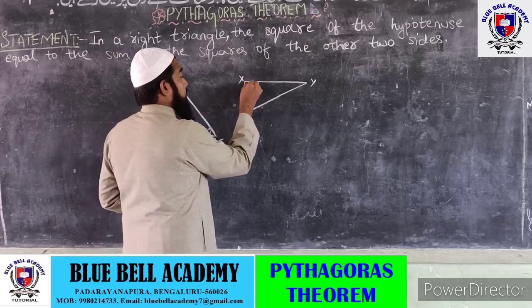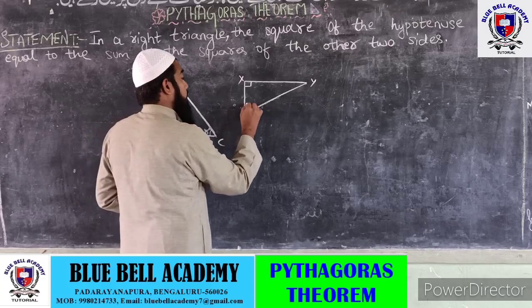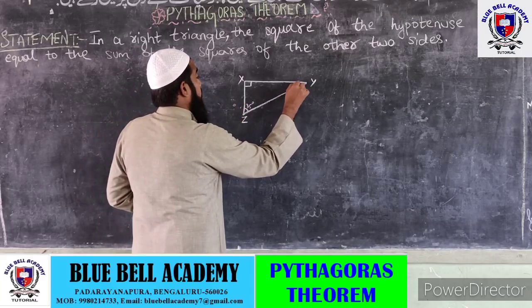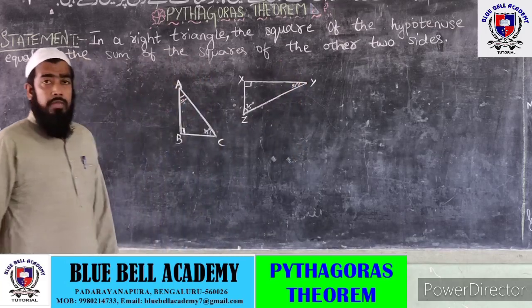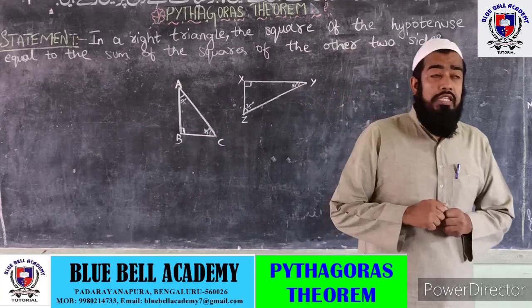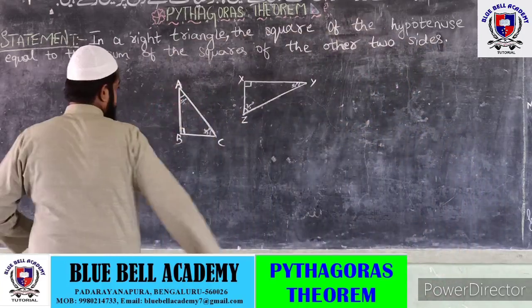As it is also a right angle triangle, here it is 90 degree, and let this angle be 35 degree and this angle be 55 degree. So for these two, we should discuss the corresponding sides of these two triangles.